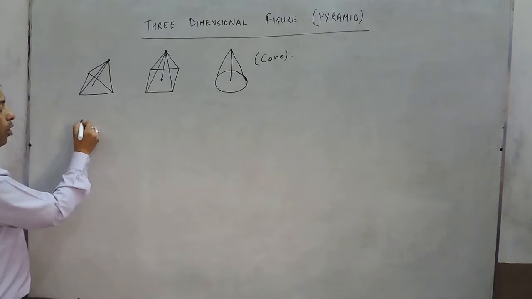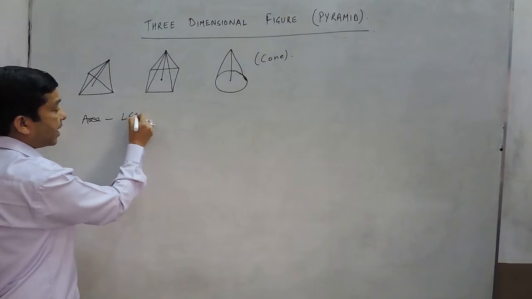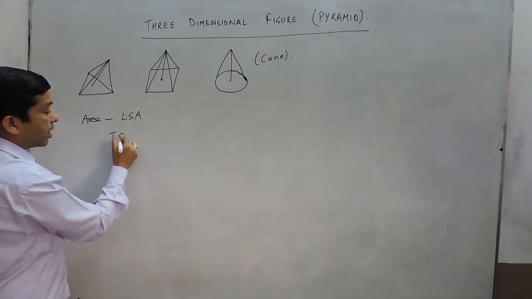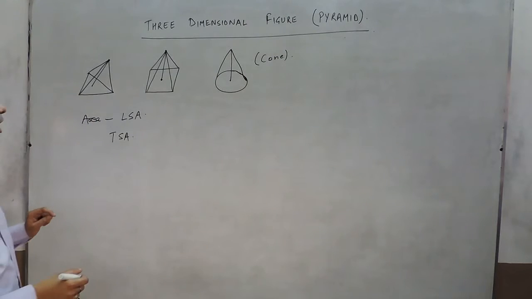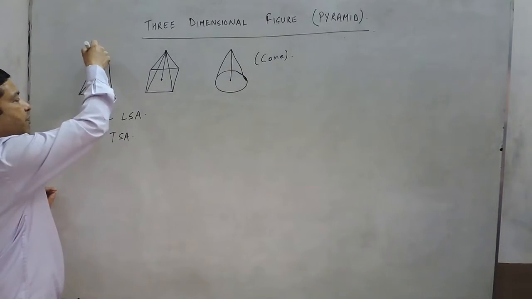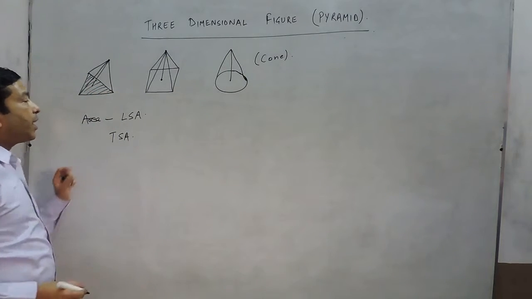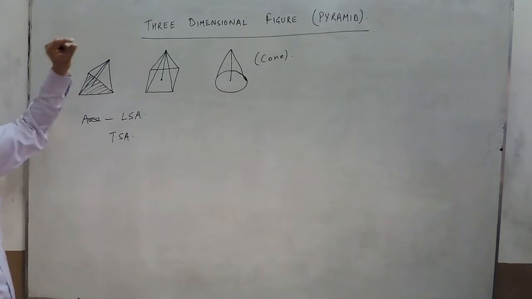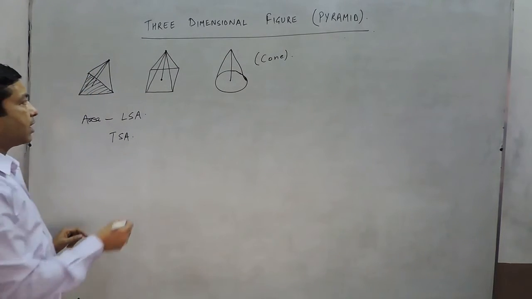Now if we talk about the area, again there is a lateral surface area and there is a total surface area. The lateral surface area is the area around the figure and the total surface area is this figure plus the area at the base. Because the topmost point is basically a point, we only take the area of the base in this figure.